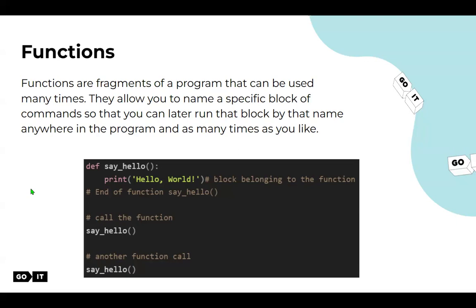Or let's say you're doing a series of cells in the same notebook, and you define say_hello at, let's say, the third cell from the top, and you're 10 cells down and you want to call the function, you'll be able to do that as well. Okay.